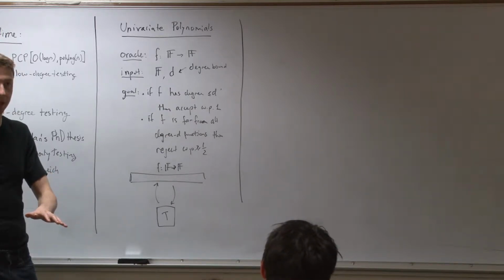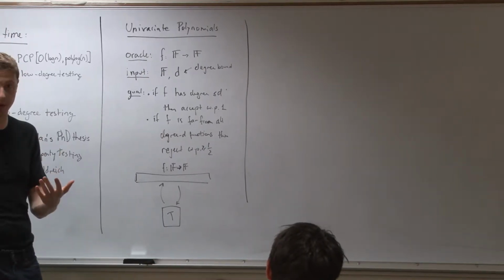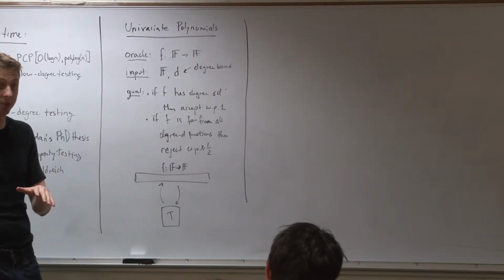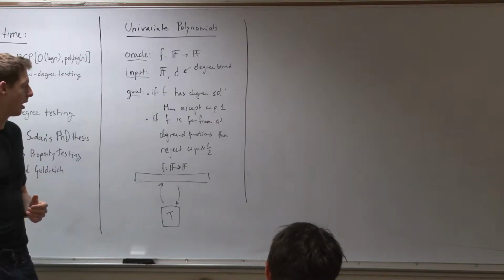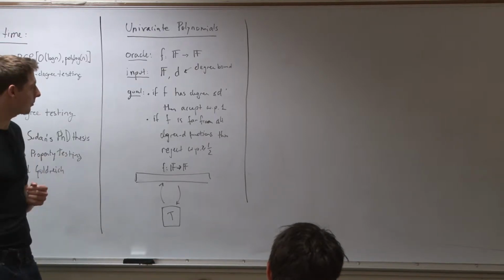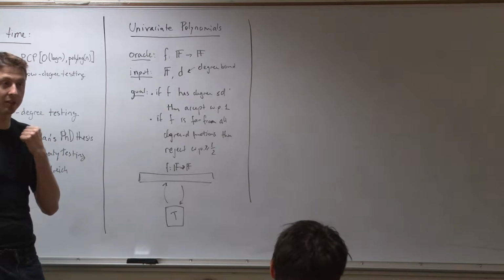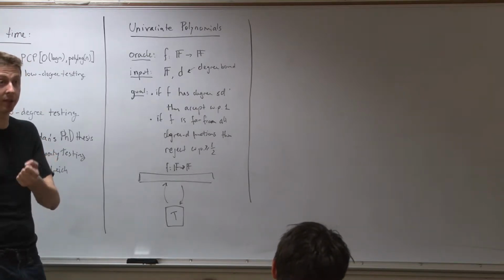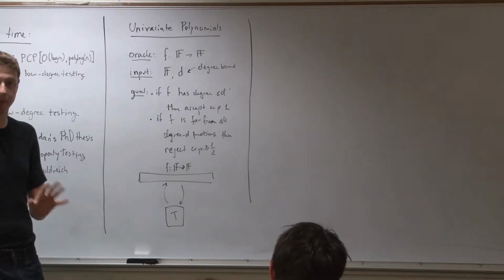So I will have to make at least one other query, because if I just make d plus 1 queries, then whatever I read is consistent with a degree d polynomial. But then I'll make one other query and check that whatever polynomial is defined by the first d plus 1 is consistent with this other query. So let's look at this test first.